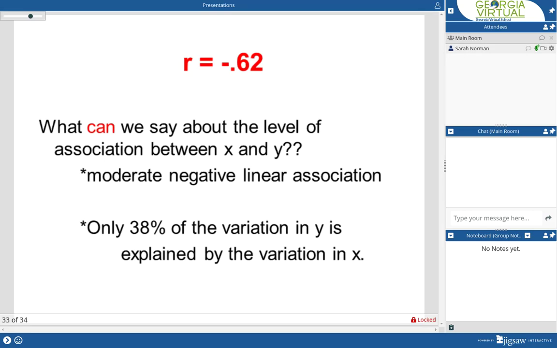Here's an example. One thing we talked about: if we have a correlation coefficient R that equals negative 0.62, what can we say about the level of association between X and Y? Well, first of all, we can say that that's negative. So that means on the graph, we are going to have a negative association.